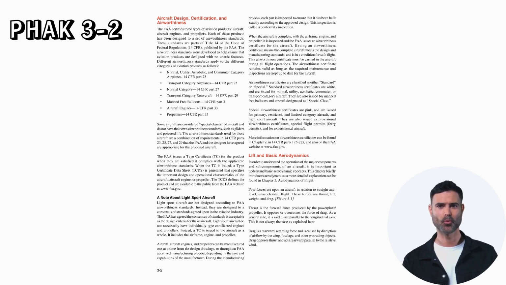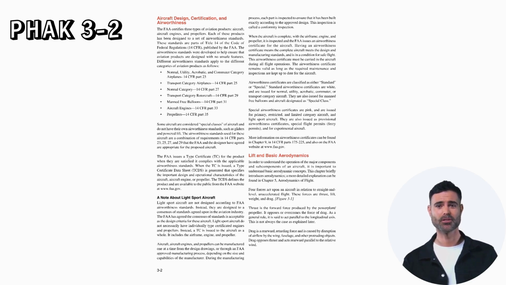Airworthiness certificates are classified as either standard or special. Standard airworthiness certificates are white and are issued for normal, utility, acrobatic, commuter, or transport category aircraft. They are also issued for manned free balloons and aircraft designated as special class.